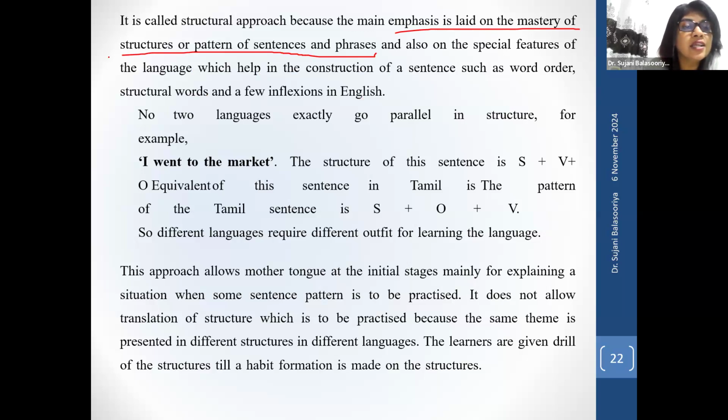These are the areas that are paid attention to in following the structural approach. Actually, what is emphasized here? Mastery of the structures, as the term itself says, or patterns, sentence patterns and phrases, even word order, right?